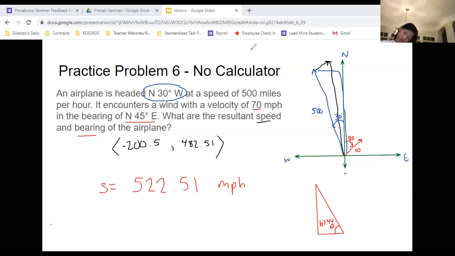But to find the bearing, again, the bearing is this angle right here. So we'll do 90 minus that, and to get our bearing or our angle of 22.56. Now this wants it in bearing.